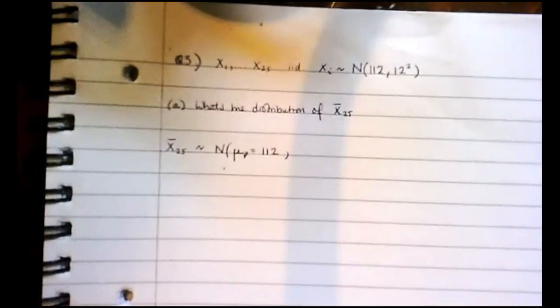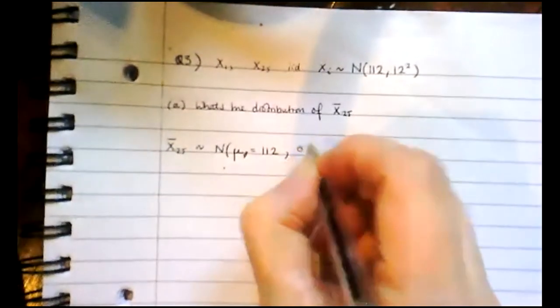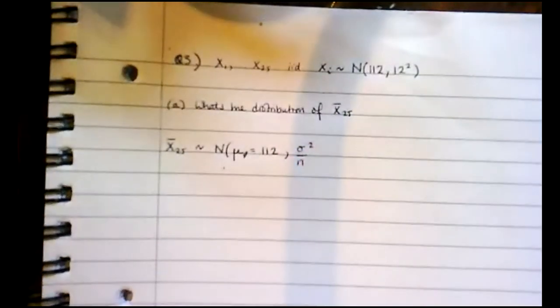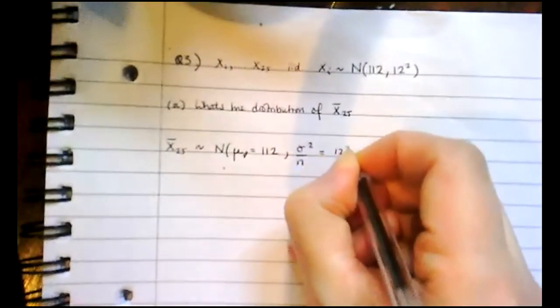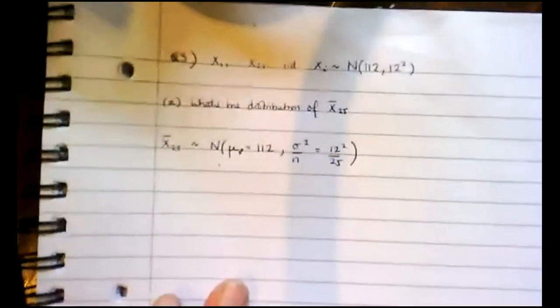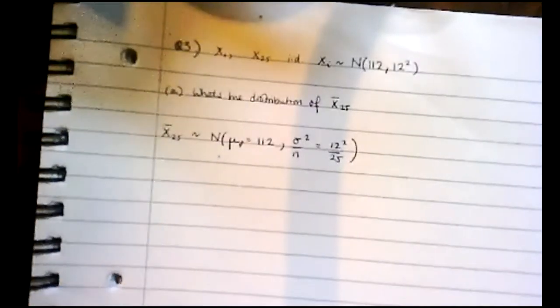Its mean is going to be the same as the mean of the underlying data, so mu, and its variance is going to be related to the variance of the underlying distribution, which is sigma squared divided by n, where sigma squared is the variance of the underlying distribution. So we're going to have 12 squared divided by 25 because we've got 25 points in our sample set. That's the distribution of x bar 25 that we're interested in.